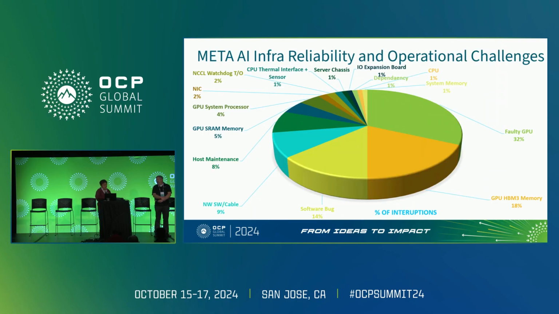This is experience from Meta AI infra. This is a Llama 3 cluster. The pie chart demonstrates our interruption distribution among all kinds of failures. You can see we have so many failures. Among them, more than 75% of the interruptions are caused by hardware issues.